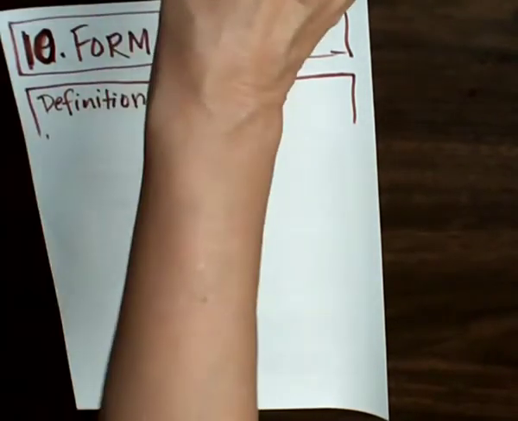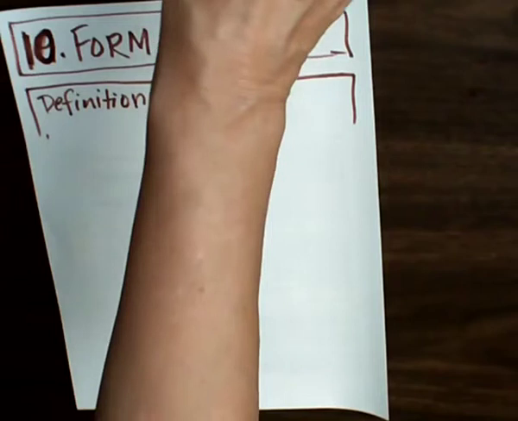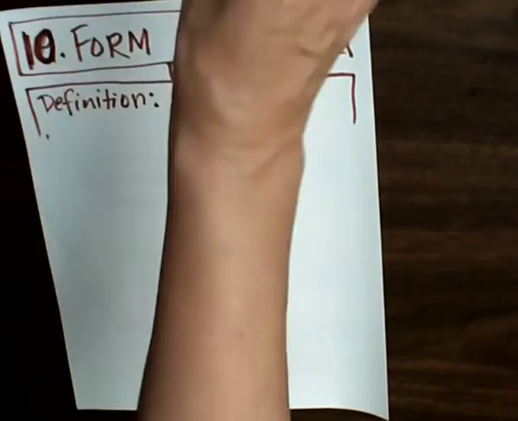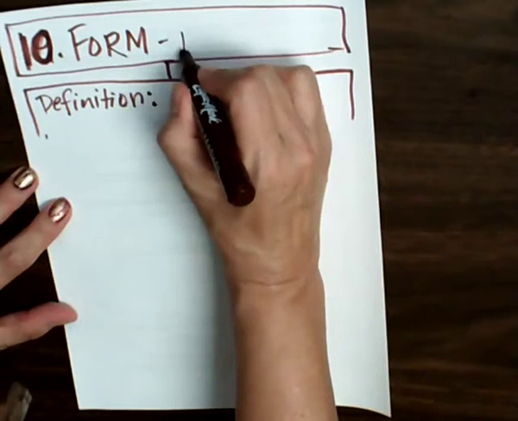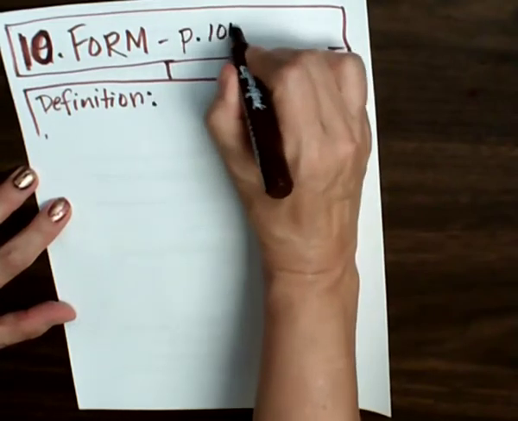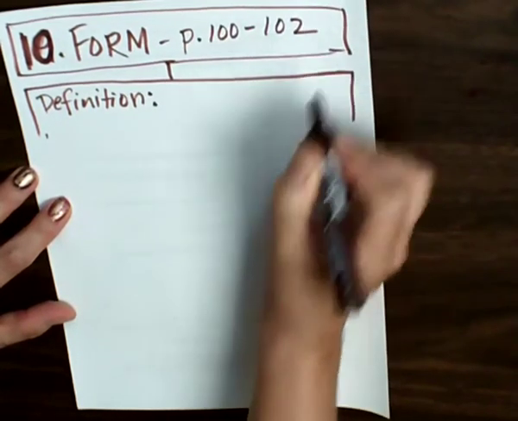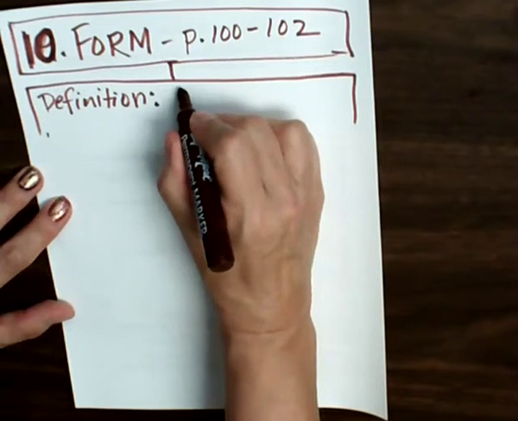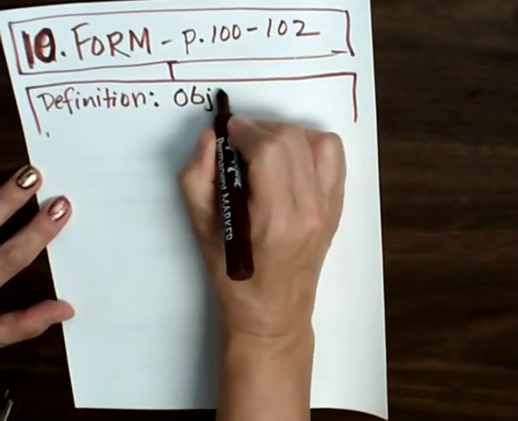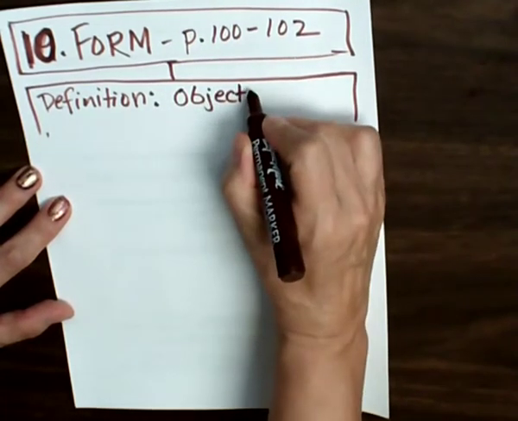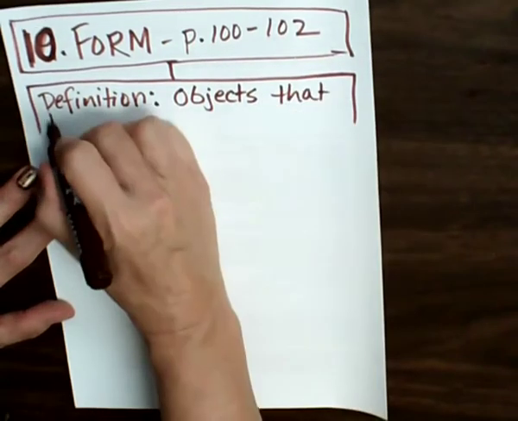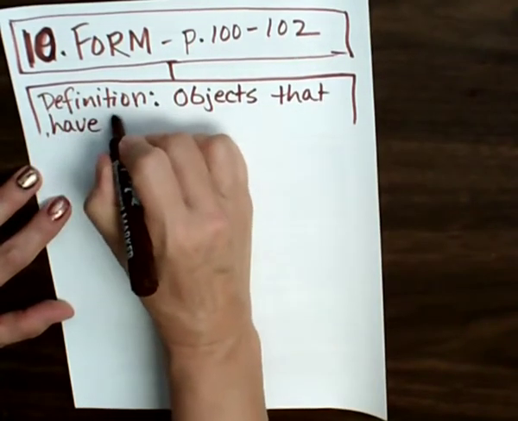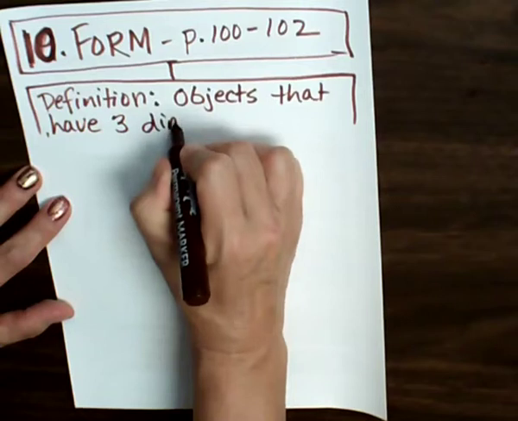See if you can find that on your own. Oh, yes, I heard the definition. Good job. A+. Objects that have 3 dimensions.